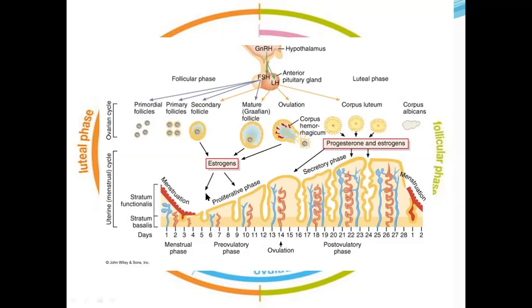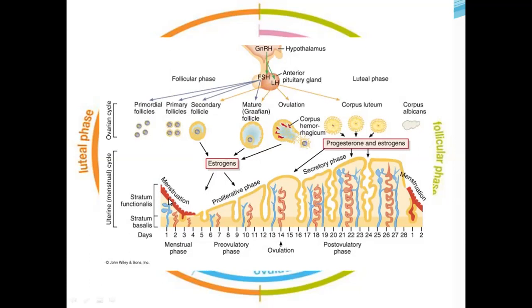Now let's see, I will start this cycle from day 1 to day 28. Let's suppose we are now on day 1. On day 1, what is happening in the female body? The first thing is, it is the phase of menstruation.